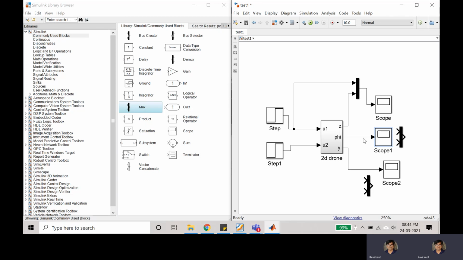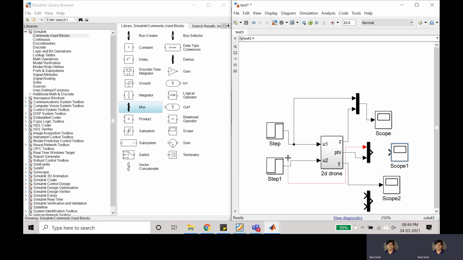Similarly, with this here, I'll put a Mux over here. I'll place a phi over here. I'll place another phi over here.